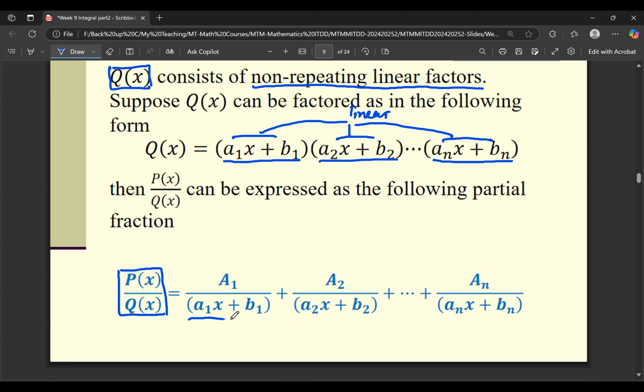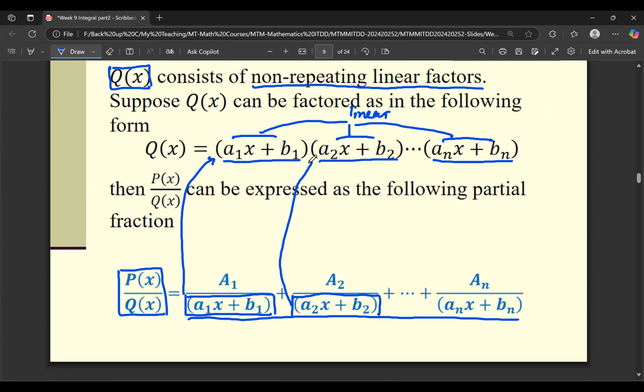This is the partial fraction. We'll look at it one by one. The first denominator comes from the first factor of Q(x), the second denominator comes from the second factor of Q(x), and so on.